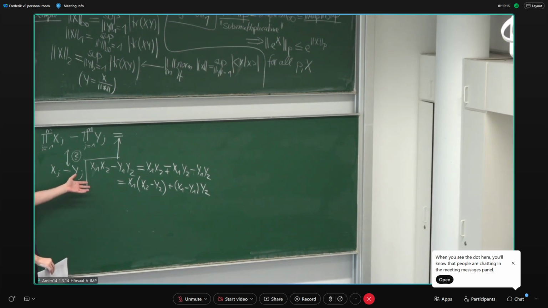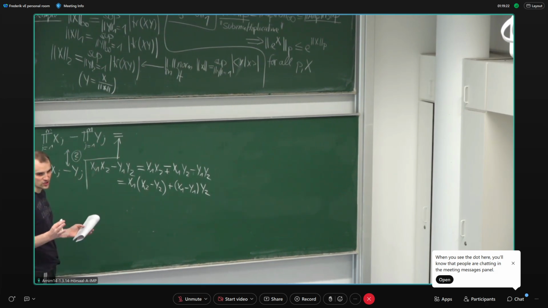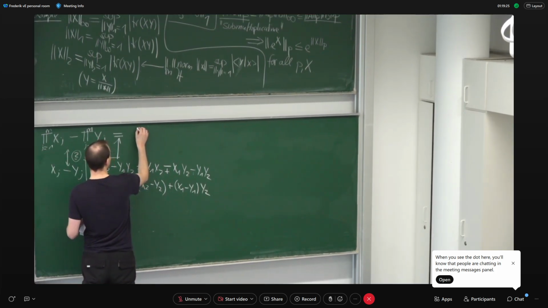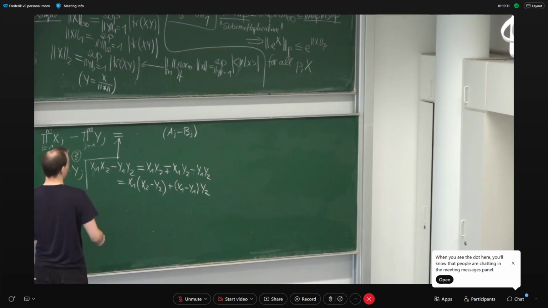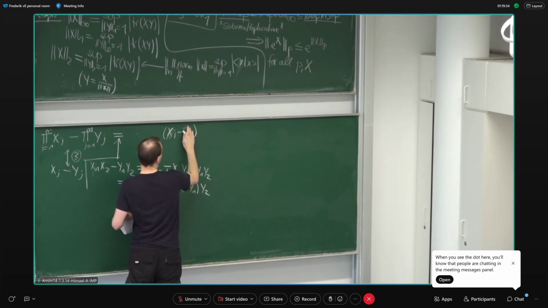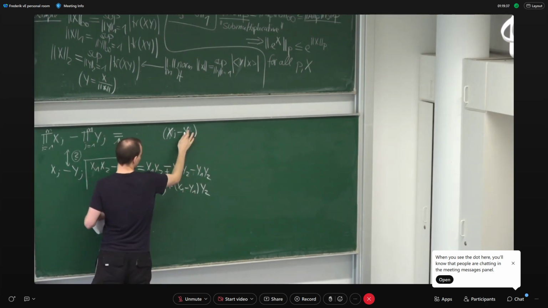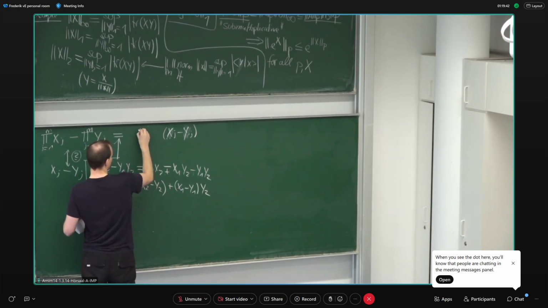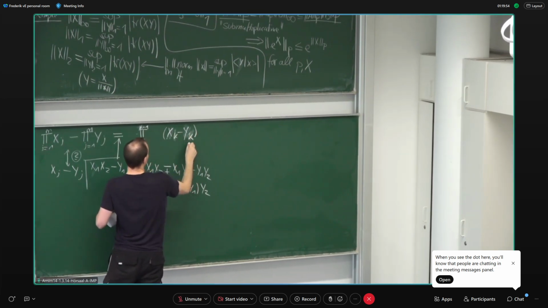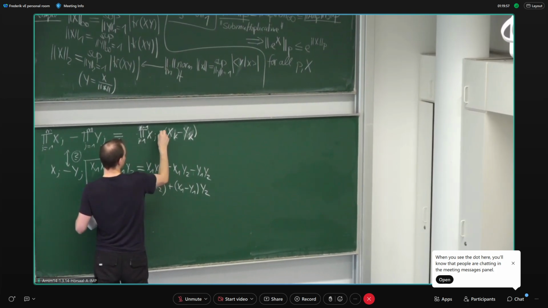Once you know this, what I write now will be hopefully obvious, at least not shocking. So here we will force x and y. I express it like this. On the left-hand side are all the x's of a smaller index, so this is the product of all the smaller ones.